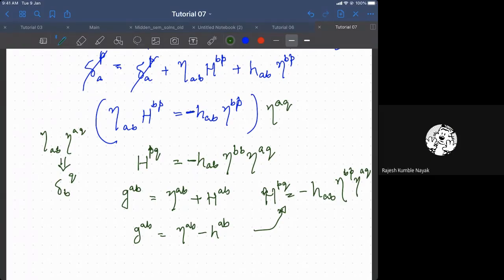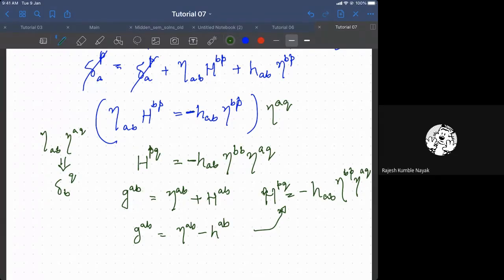But here I think both carefulness and carelessness have combined. Carelessness because I am making a show of myself that I am careless. Carefulness because it is already in my mind that HAB is a symmetric tensor, right?